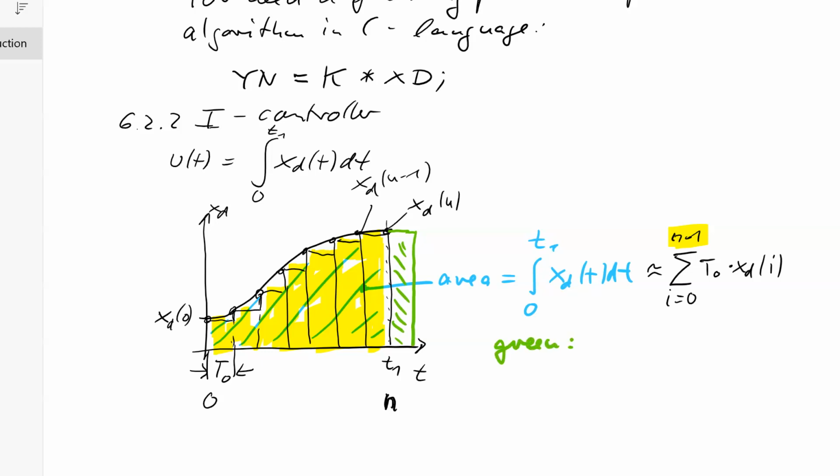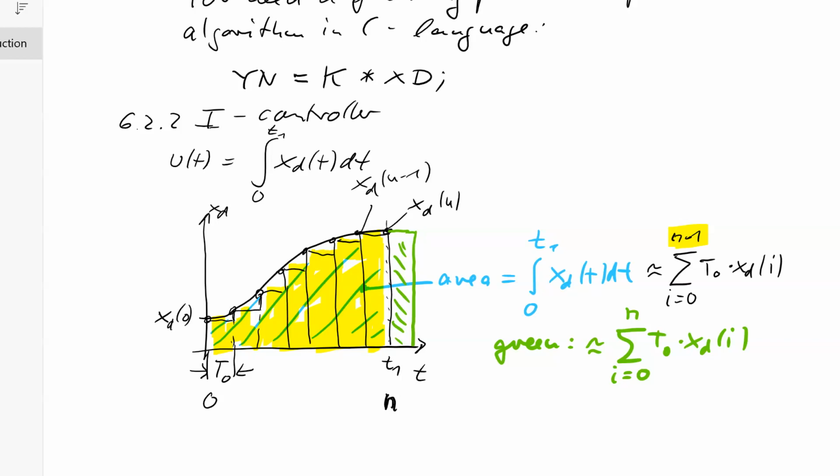So the area is approximately equal to the sum, i starts from 0, running up to n, of t sub o times xd of i. This carries the last rectangle, and the other is the area without the last rectangle.